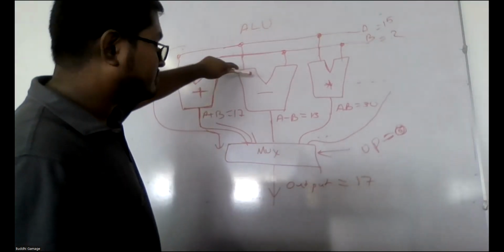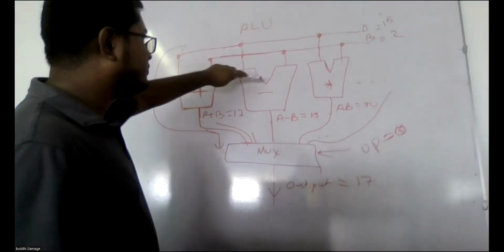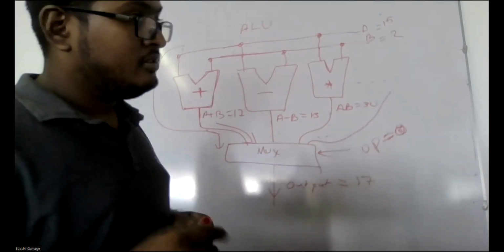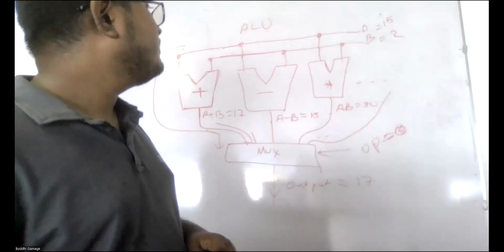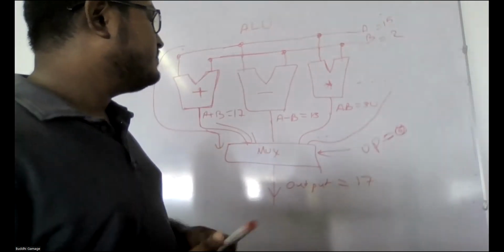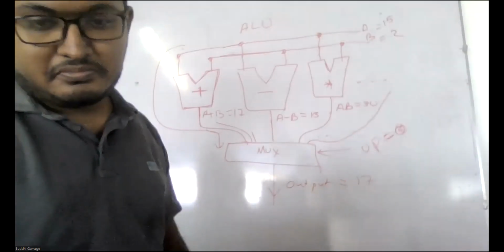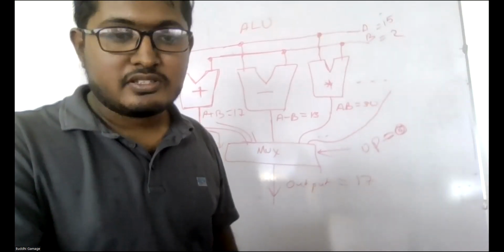This is a subtraction operator, multiplication, likewise bitwise operators. So many operators can be designed using these logic gates. Do I have any questions up to now?